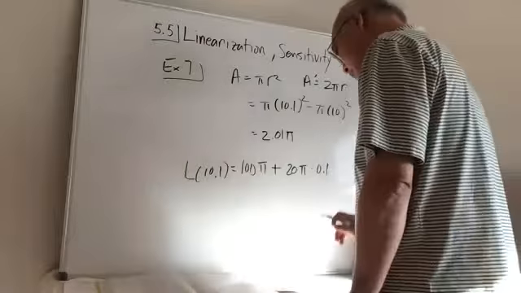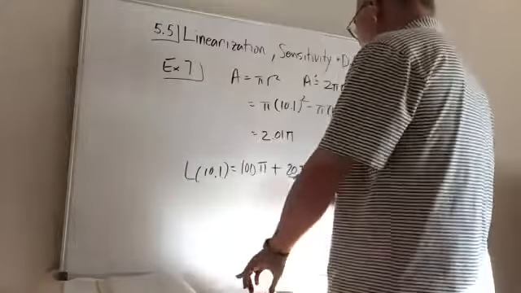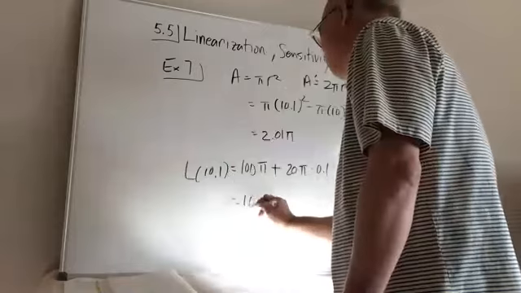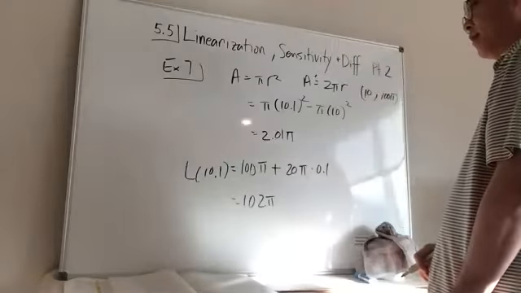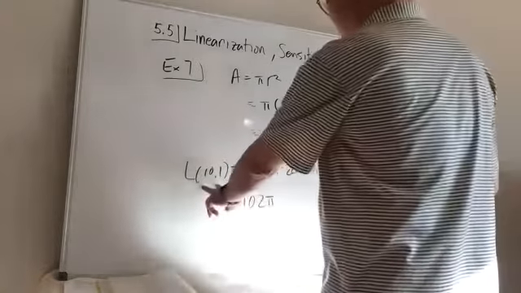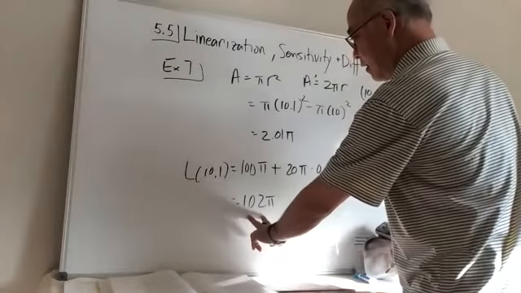If I do that, this is going to be 2 pi, so I get 102 pi. This is what we approximated.